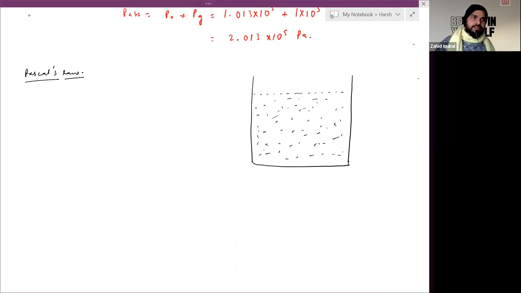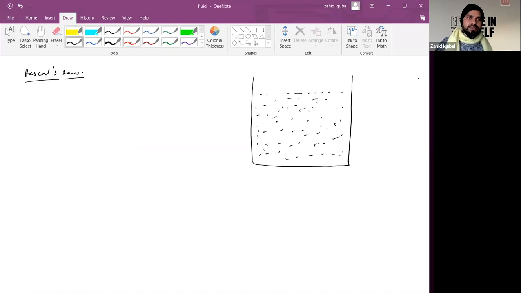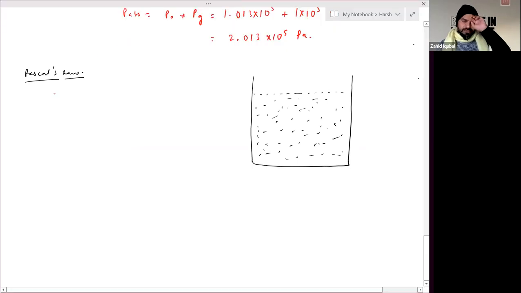Now we have to calculate according to this statement. Let me define the statement of Pascal's law.